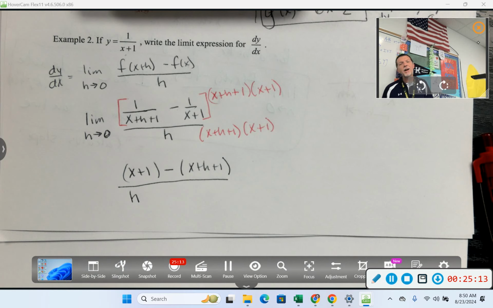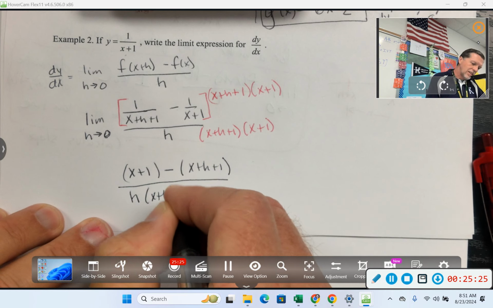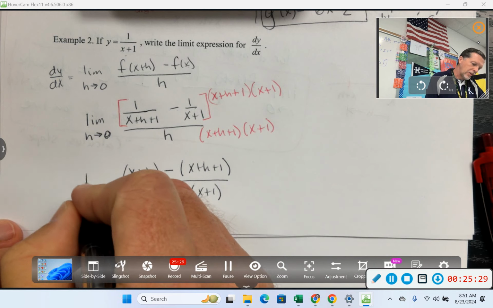And then in the denominator, it's a mess, but it's a mess that you leave alone, right? It's not even foiling. Don't distribute and then distribute, and you would have a giant mess on your hands. Leave the bottom alone, and we're going to hope that something will cancel here in a minute.